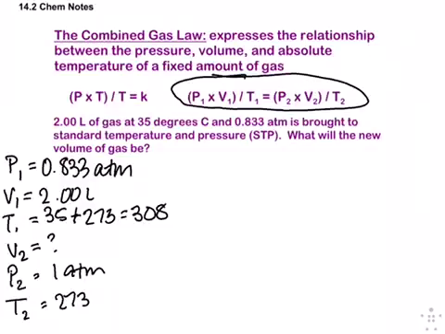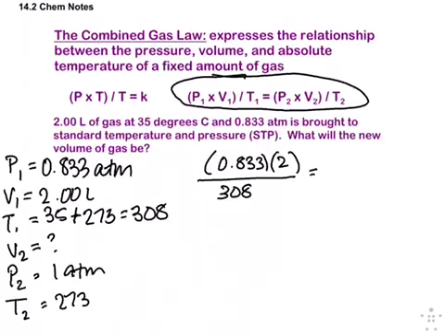So then we set up our formula, P1 times V1, so 0.833 times 2 all over 308 equals 1 atmosphere times V2. So we can really just say over V2 because that looks nicer, divided by 273.